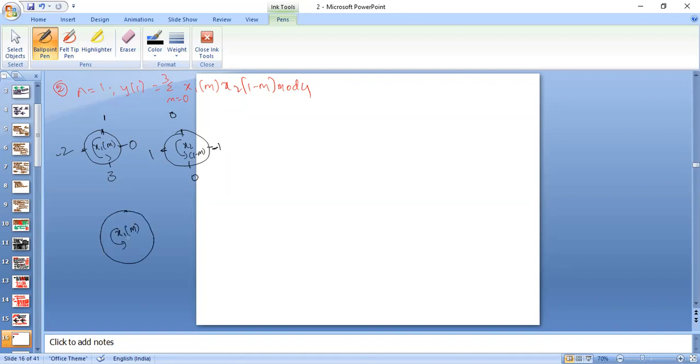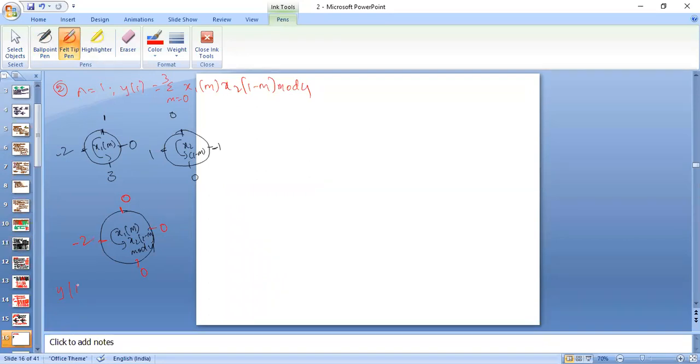x1 of m into x2 of 1 minus m mod 4. So 1 into 0 is equal to 0, minus 2, 0, and here it is 0. Okay.